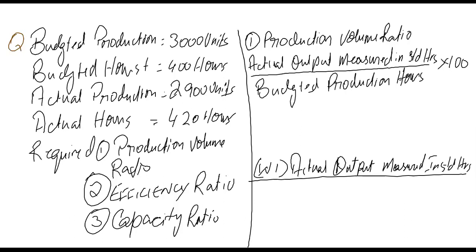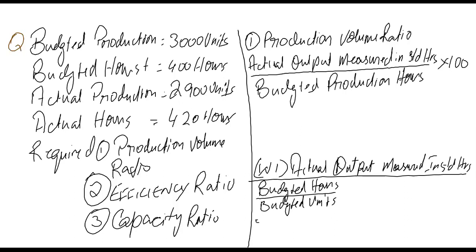First, I'll be calculating the budgeted hour per unit. I've been given the budgeted hours and I'll be dividing this by budgeted units.